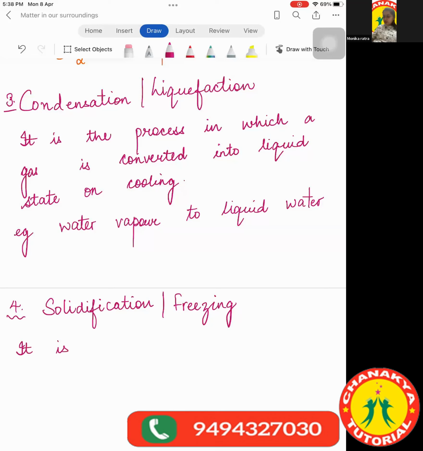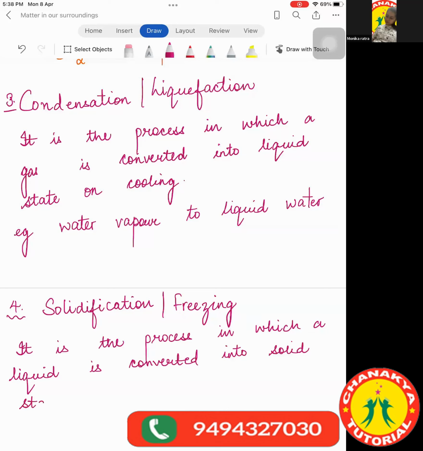It is the process in which a liquid is converted into solid state on cooling.